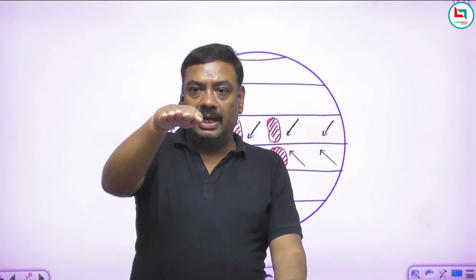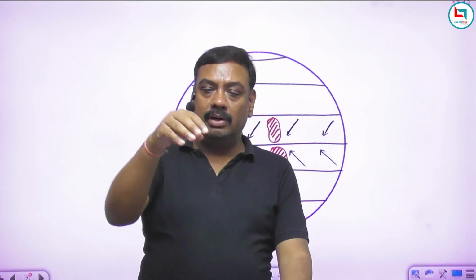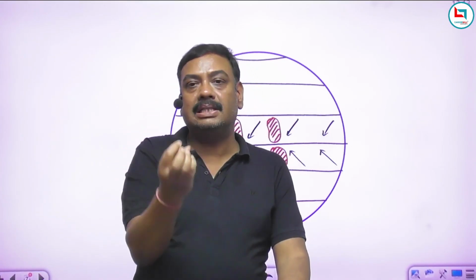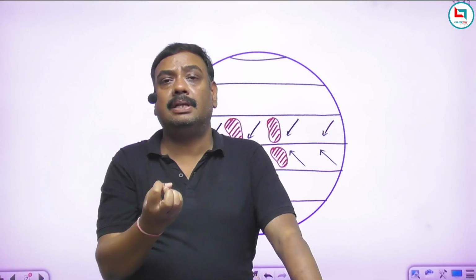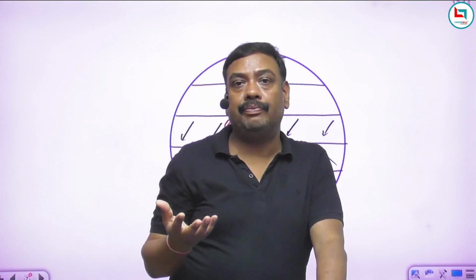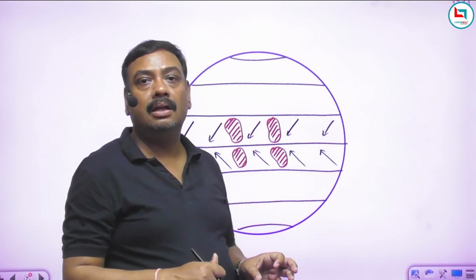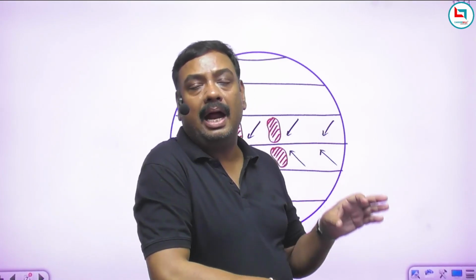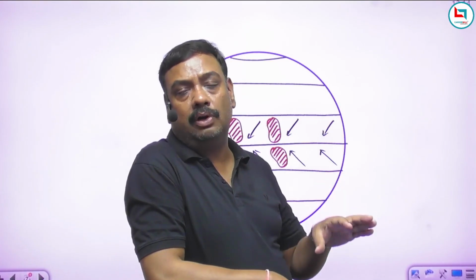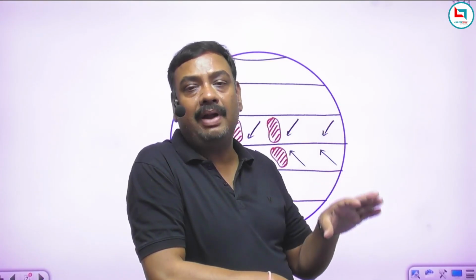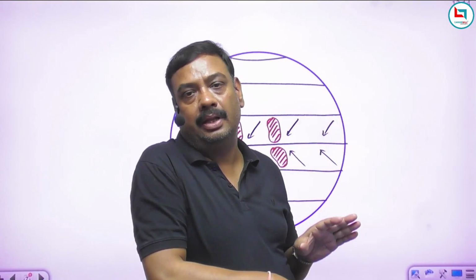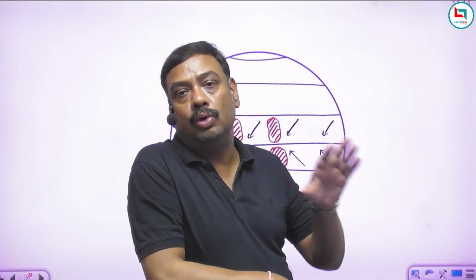The surface water is dragged away, and comparatively cold subsurface water upwells there. And so along the west coast of the continent, the temperature at the surface of the ocean water is felt a little cooler.